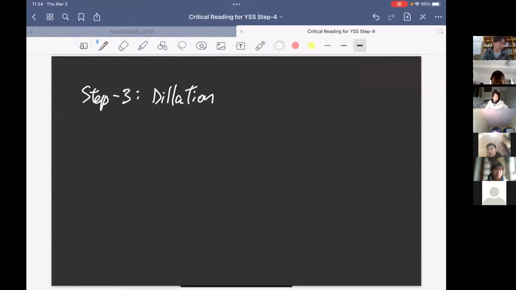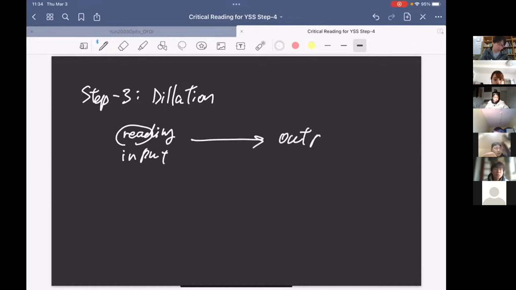So dilation is something like reading: it's an input directly to the output, okay? For this, what I recommend as a first step is colorization of the paper.